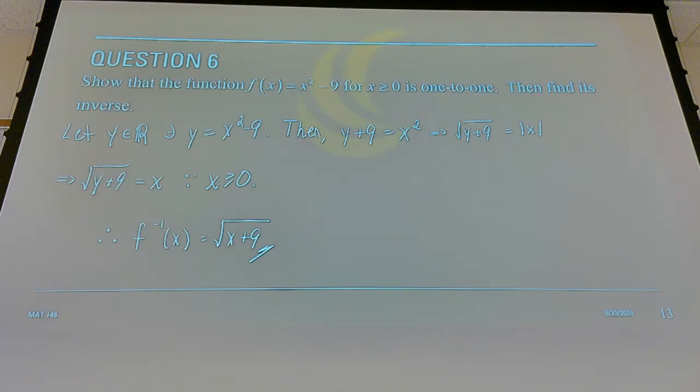What happens if I throw negative 10 in? What becomes negative 1? Is that a problem? In the real plane? Yeah, that's a problem, right? That means you can't have negative 10.